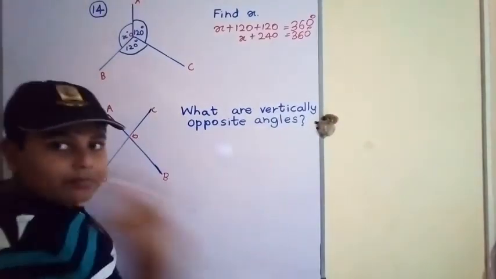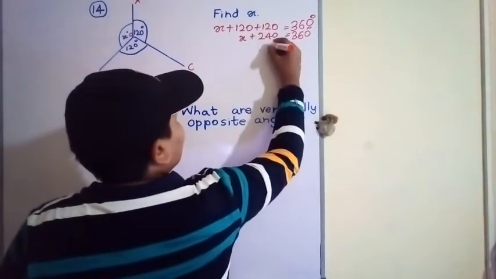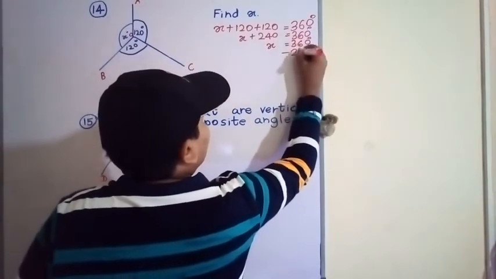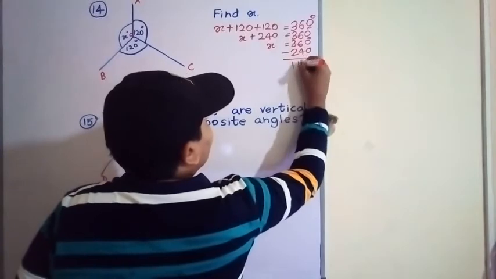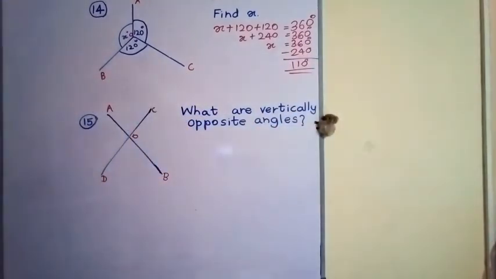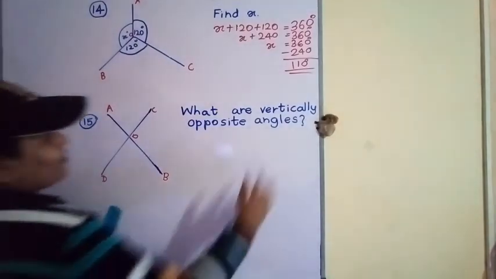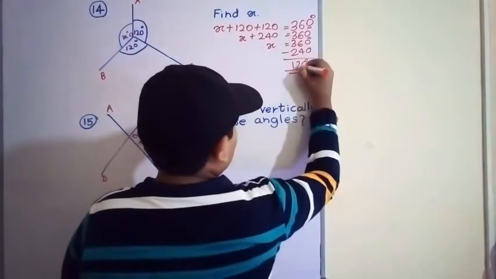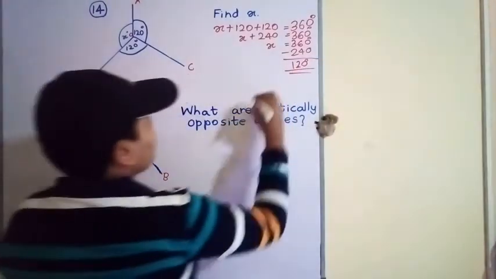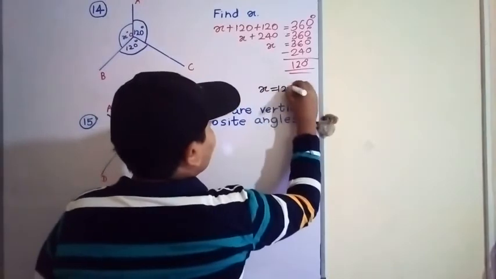You want to subtract 240 from 360. Subtract this, and you have 120. Now what is that? X is 120.